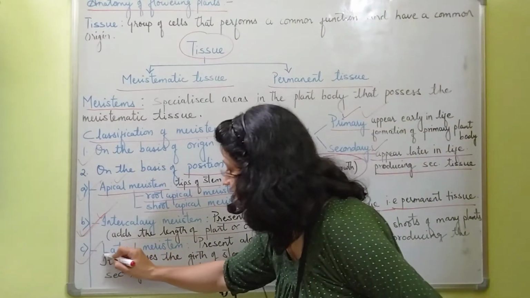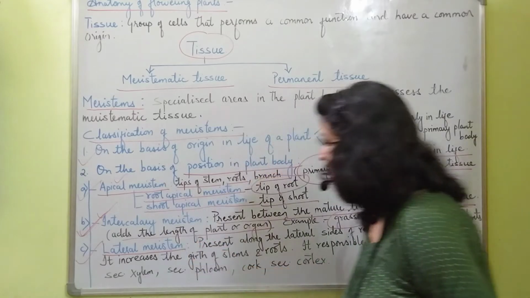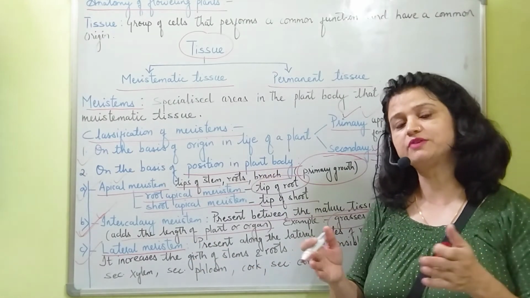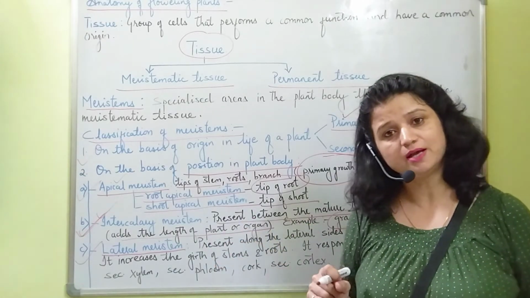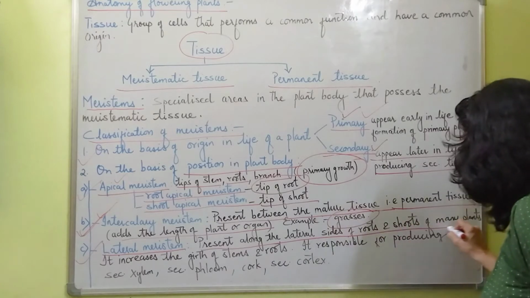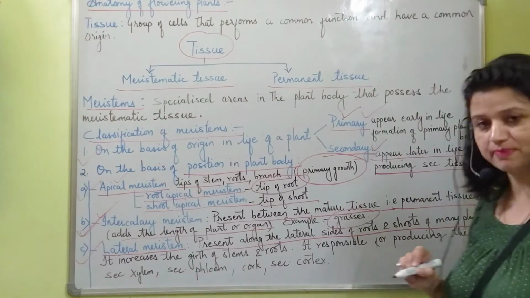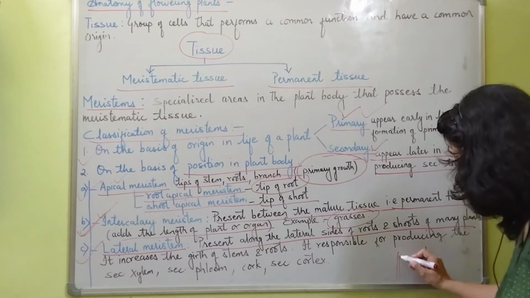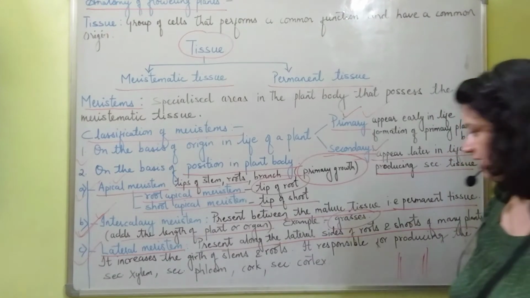The third one is the lateral meristem. This meristem is present at the lateral side, and it is responsible for increase in the girth of the plant. It is present along the lateral sides of the roots and shoot of many plants. Suppose this is the stem, so it will be present at the lateral sides.